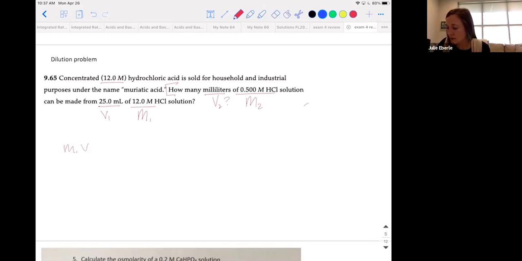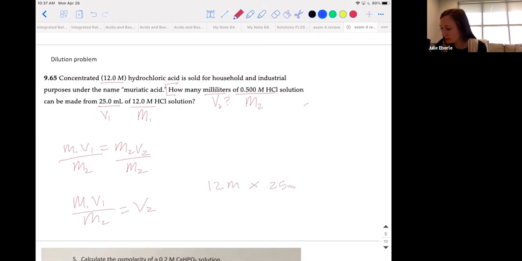So M1 V1 equals M2 V2. Divide both sides by M2. So M1 V1 over M2 equals V2. Okay. Now you just plug everything in. 12 molar times 25 milliliters, and it doesn't matter if you write the molarity or the volume first. What matters is that you're multiplying them. Divided by 0.5.